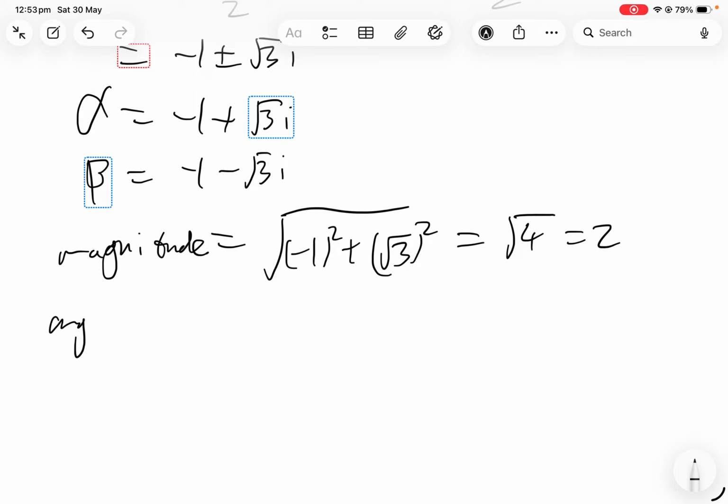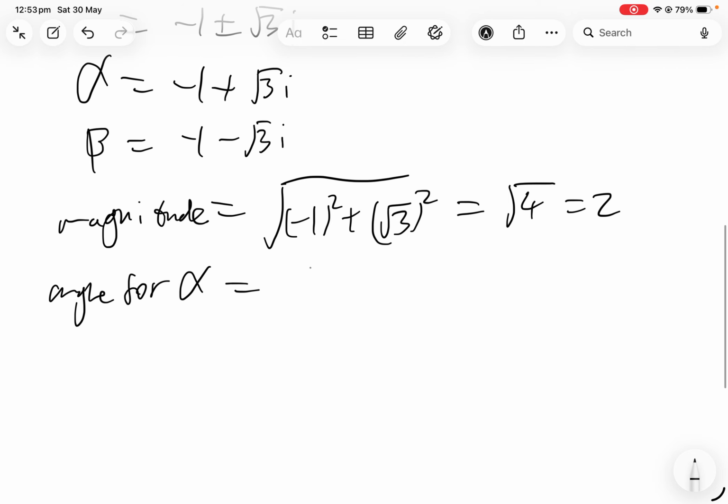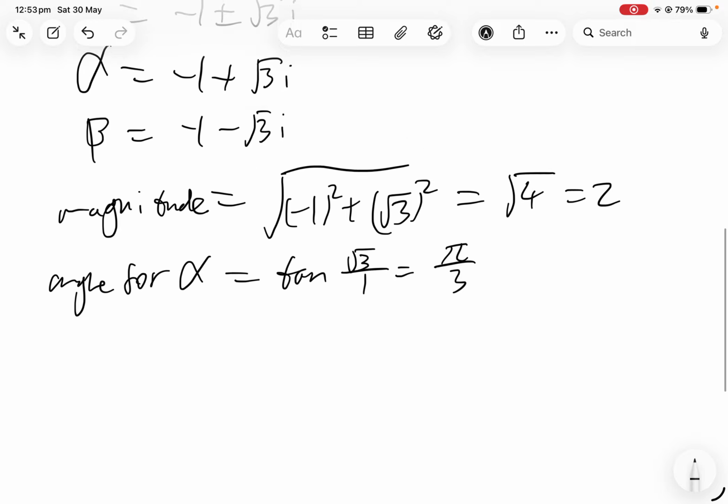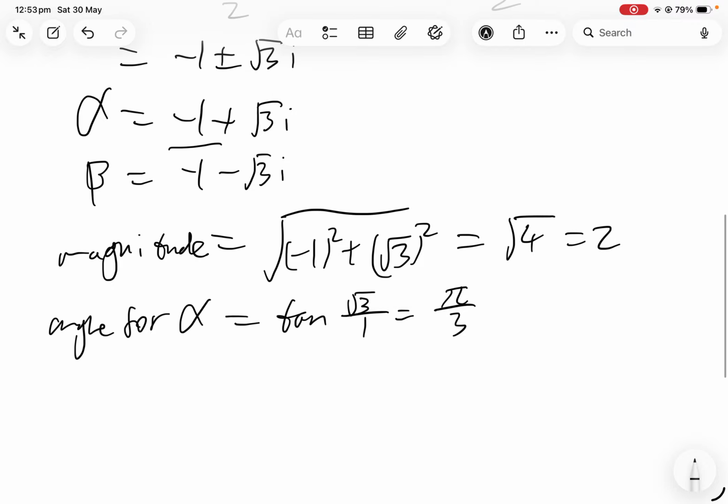So the angle for alpha will be tan inverse, because the opposite is square root 3 and the adjacent is 1. So it'll be square root 3 over 1, which is 60 degrees, which is pi over 3. But that's not right, because look, negative 1 means it's going this way.